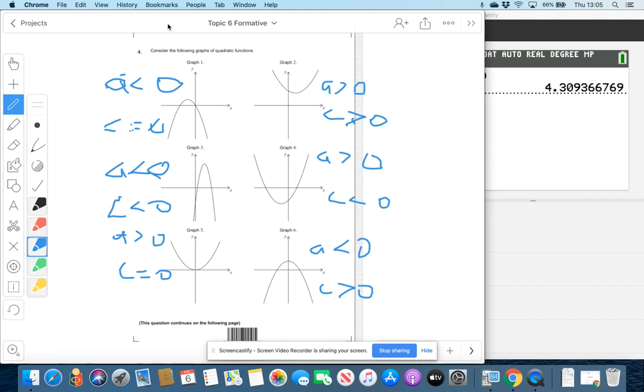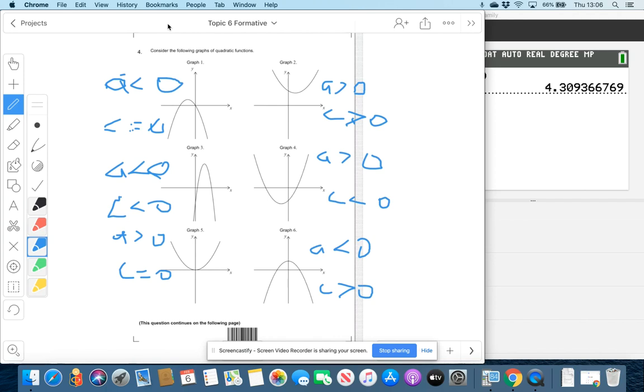So the effect of B is from transformations. Basically, if B is positive, it's moved to the left. If B is negative, it's moved to the right. But we can eliminate some of these options by looking at some of the other functions. Okay, so this graph 5 is actually y equals x squared, perhaps.